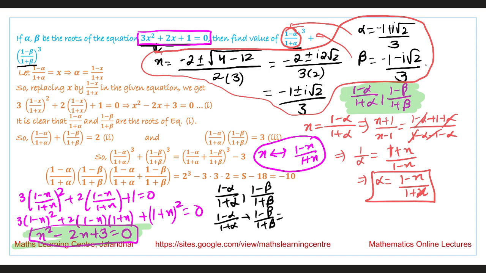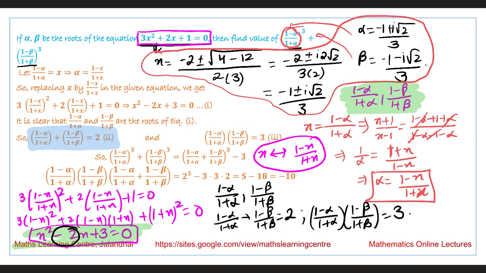The sum of the roots will be minus b by a, so that will be 2. And if we calculate the product of the roots, that is 1 minus alpha over 1 plus alpha into 1 minus beta over 1 plus beta, that will be equal to 3. So we are saying the sum is 2 and the product is 3.